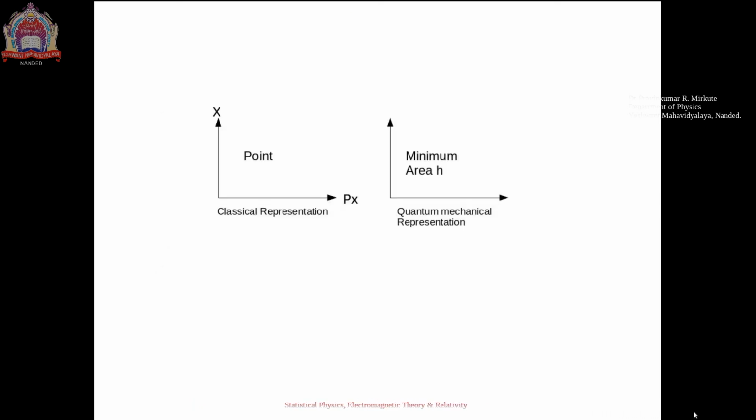Another point: when we consider the phase space, the representation as a point is the classical representation. In the quantum mechanical representation, a minimum area will be considered. So this is the representation of the coordinates by classical representation and quantum representation.